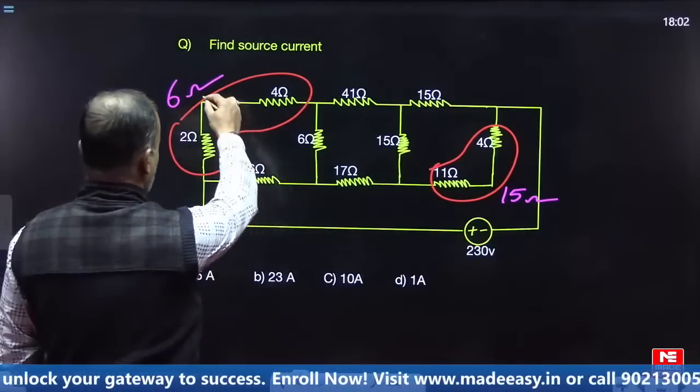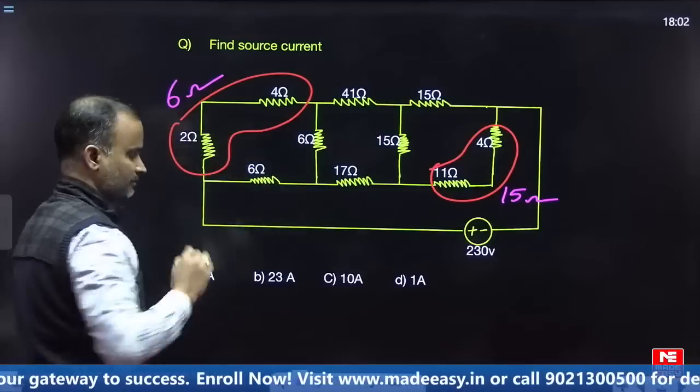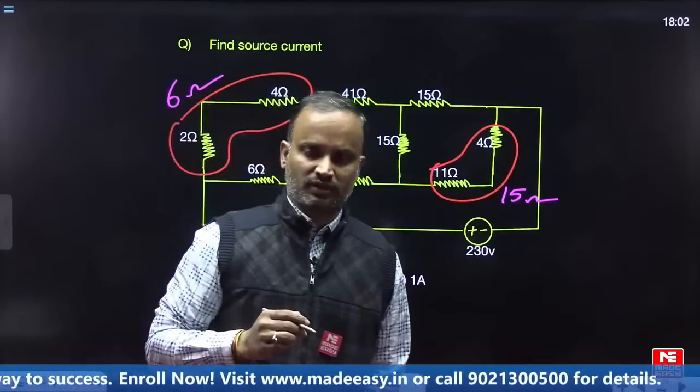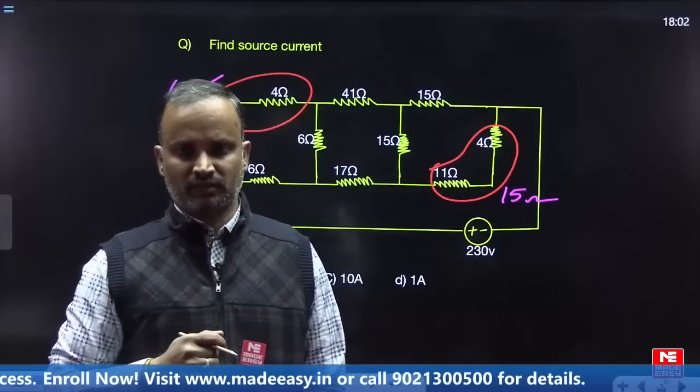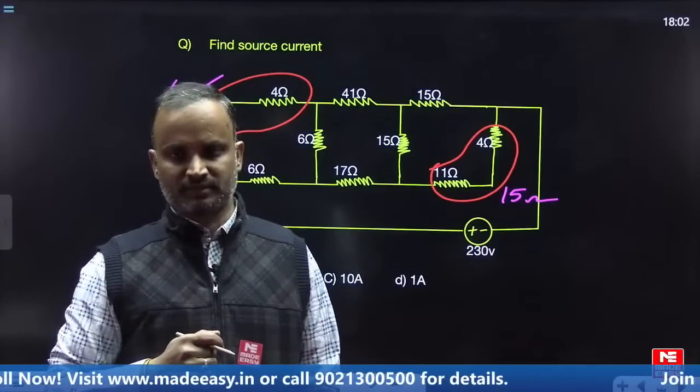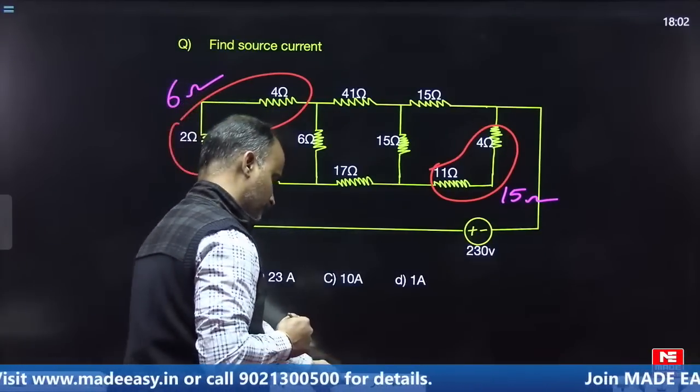For this example, all resistances are the same, 6. When resistances of equal values are transformed from delta to star, the resistance value decreases by 3 times.